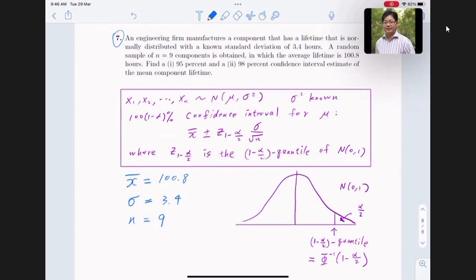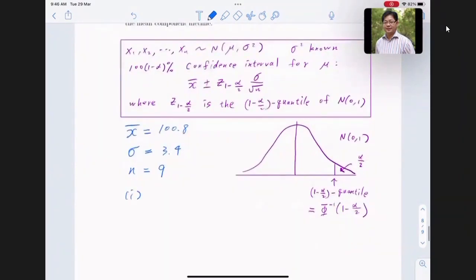So in part 1, we need to set alpha equal to 0.05 for a 95% coverage, so that we can determine this quantile. I just follow the notation from the lecture notes because there are lots of different variations on this notation.